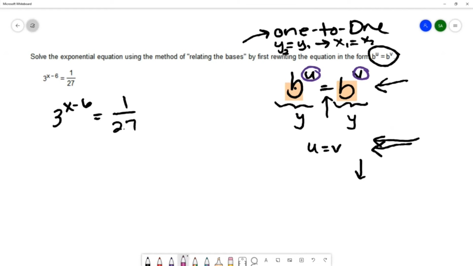So our first challenge is writing the equation in this format. We want to have the bases match each other. I have a base of 3 on the left, and I'm going to try to write the right-hand side with a base of 3. 27 is the same thing as 3 cubed.